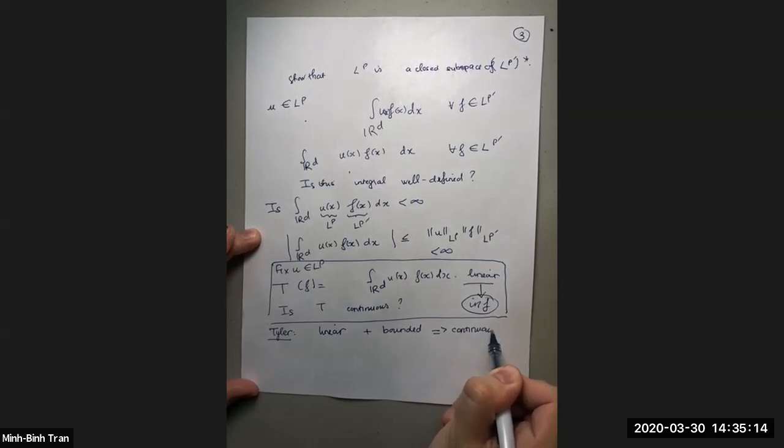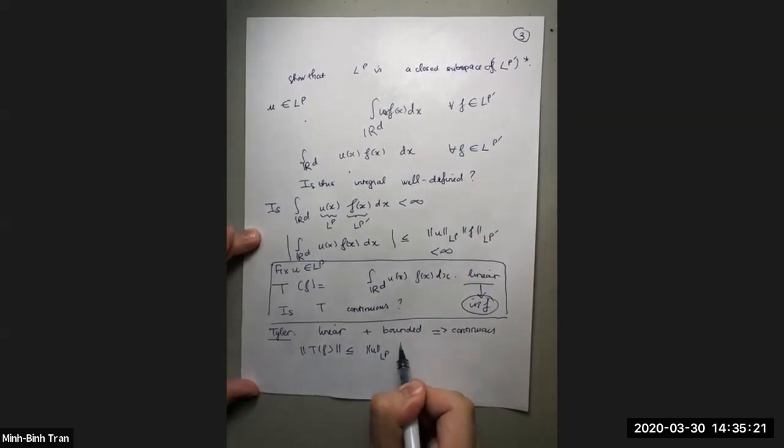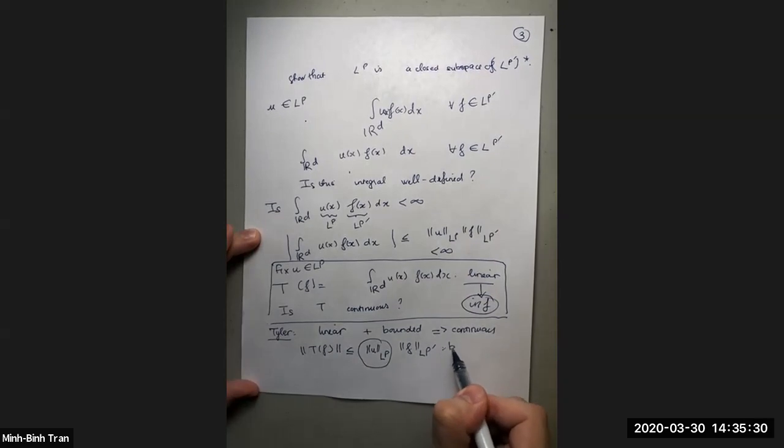We know that |T(f)| is smaller than a constant, ||u||_p times ||f||_p'. So this is a constant, independent of f. So this is definitely a bounded mapping.